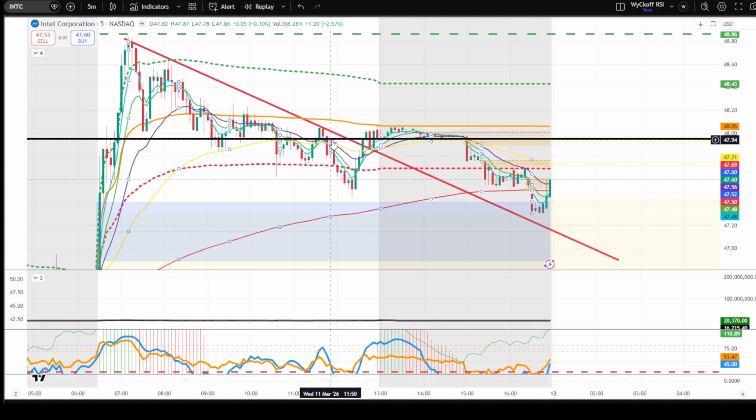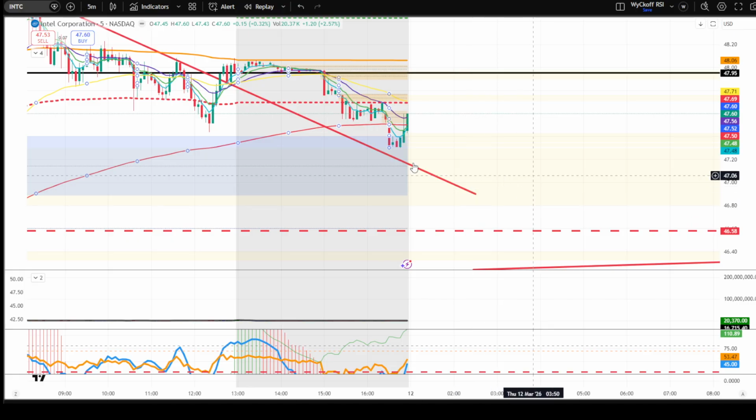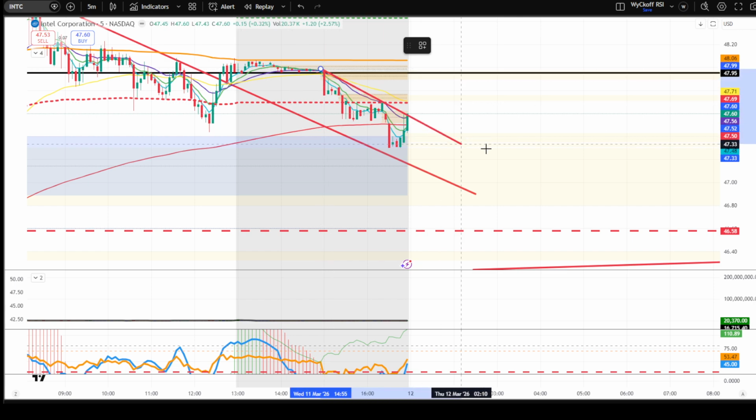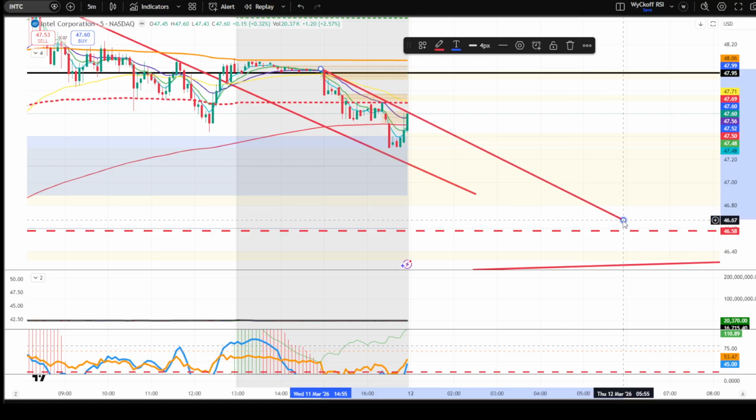So like this right here could be this, touched it, boom, and I could see this going here and then drop back down here, possibly. Follow this line, and who knows, could be another channel to watch for tomorrow if it does go down.